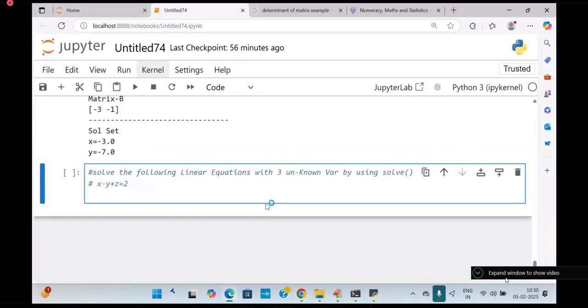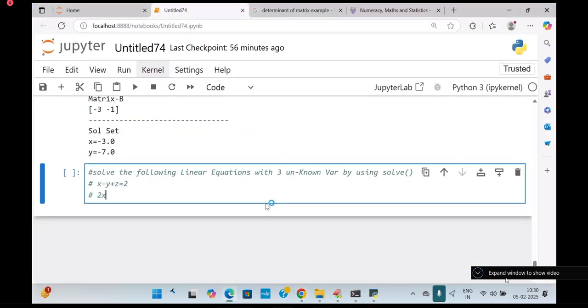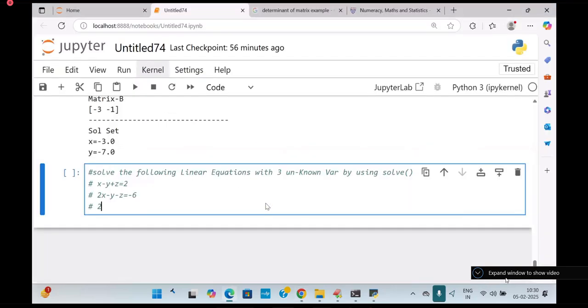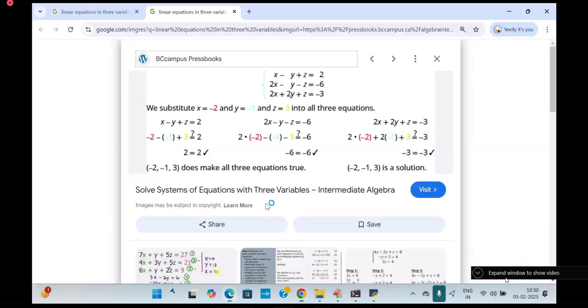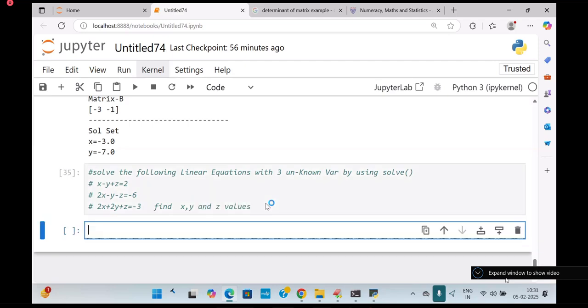Next, 2x minus y minus z is equal to minus 6. Next, 2x plus 2y plus z is equal to minus 3. Find what values? x, y and z values. You need to find these values.